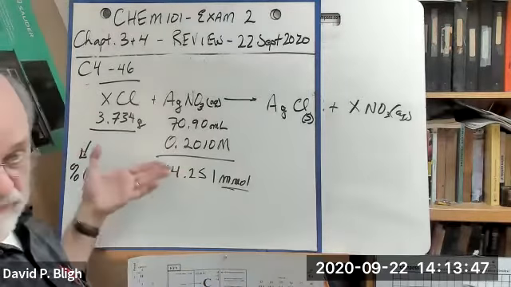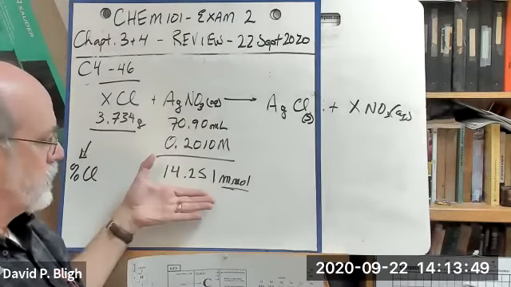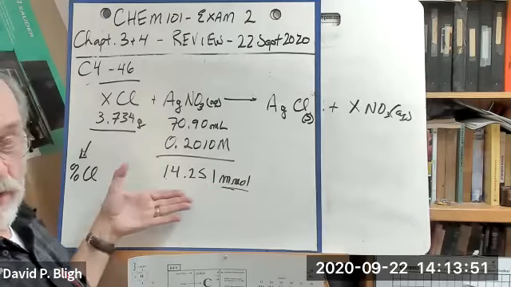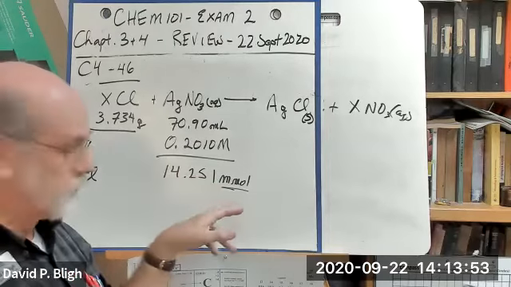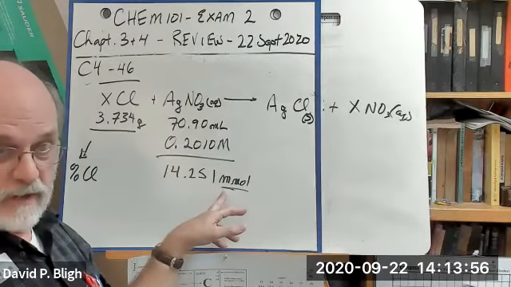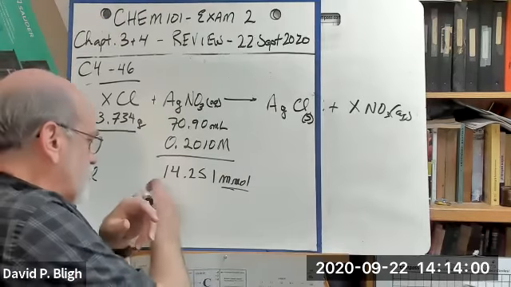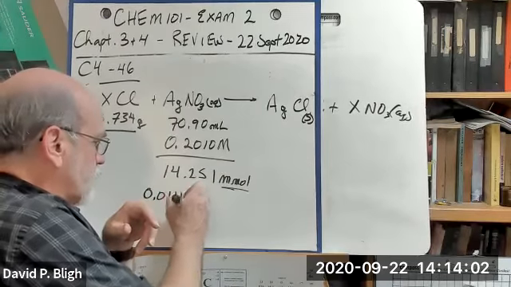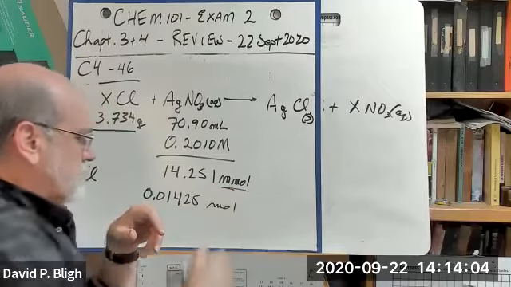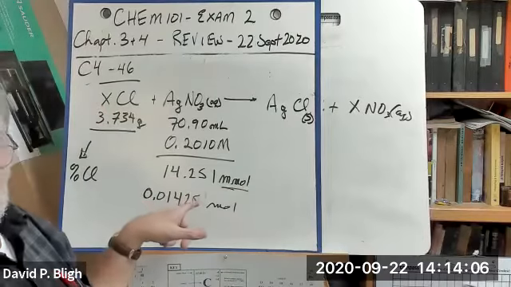And if you want to convince yourself that this is true, you say, if this is millimoles, how is that related to moles? Well, this is 1,000th of a mole, right? So we got to move it 1, 2, 3 to the left. 0.01425 moles. Right? Equals that many millimoles, right?